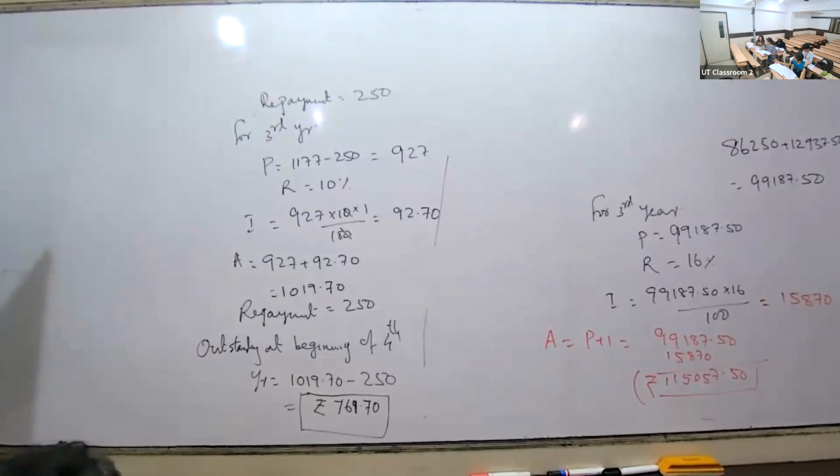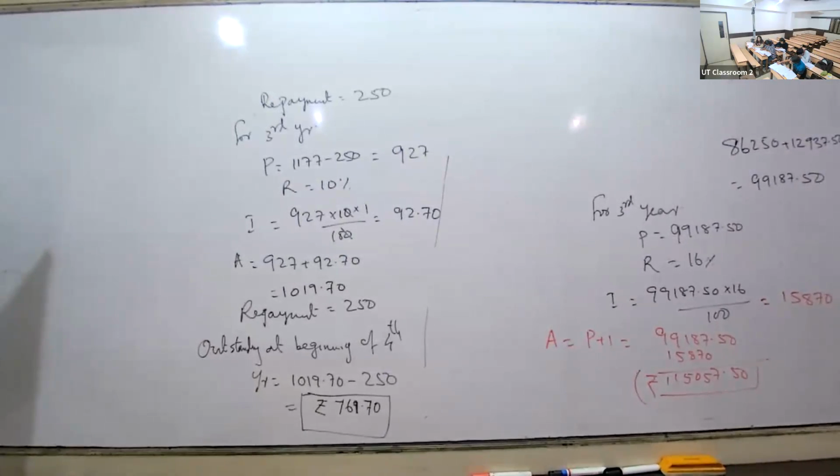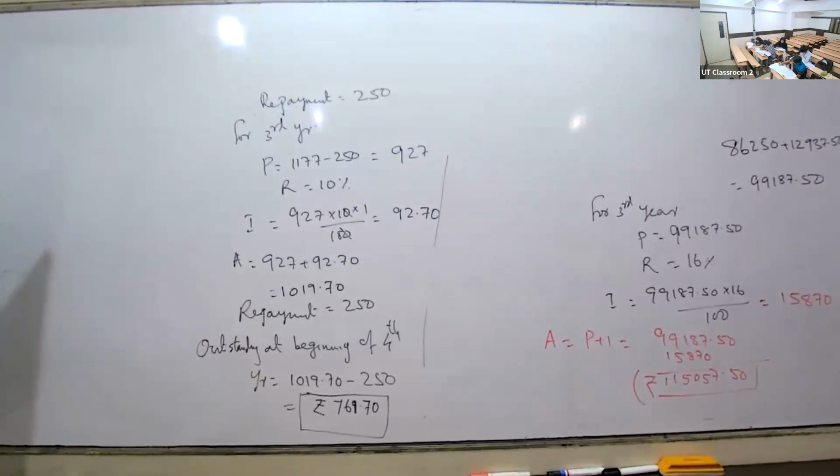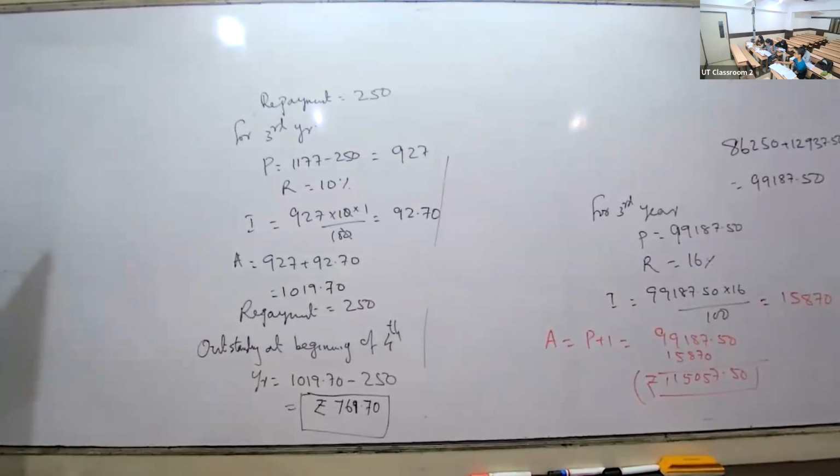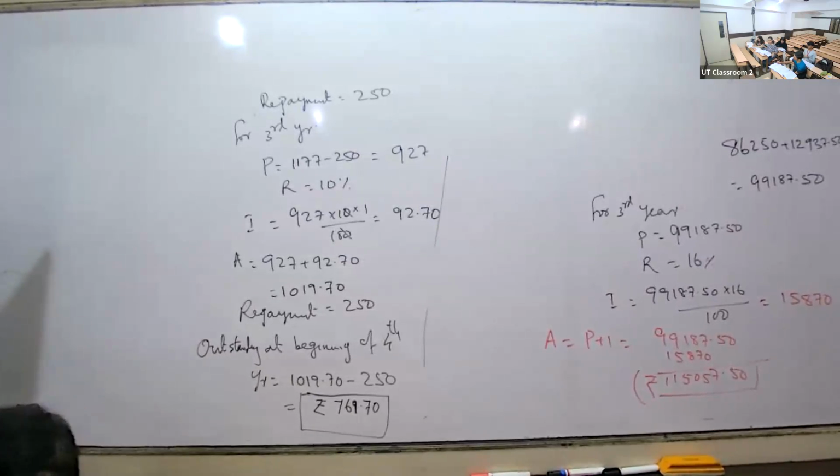Then repayment. How much did he pay? He paid 2,936. Repayment is equal to 2,936. Therefore, cost of watch is equal to 3,136 minus 2,936, which is 200 rupees.